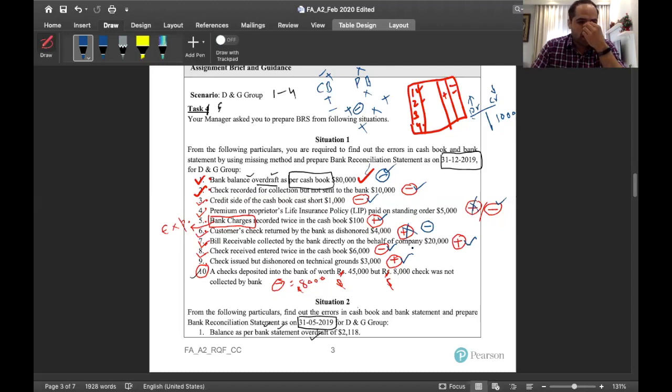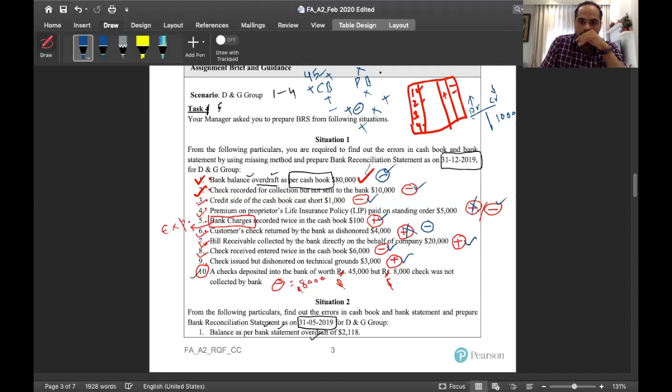Next, a check deposit in the bank worth 45,000. But in this 45, only $8,000 was not collected by the bank. So I was hoping that I received all the money, I was hoping I received 45.